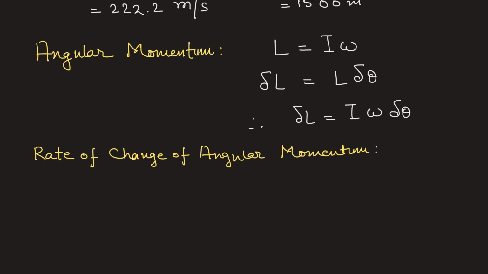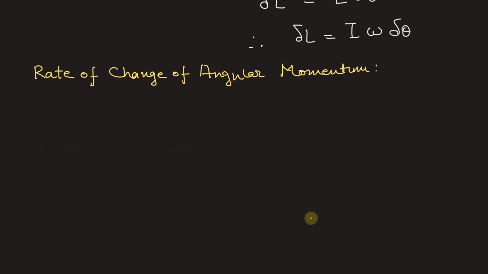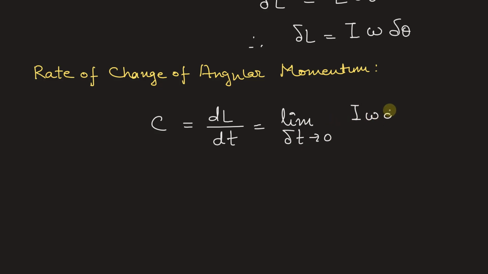The rate of change of angular momentum is nothing but the gyroscopic couple. So let's write for gyroscopic couple C is equal to dL upon dt, and that will be equal to the limit delta t tends to 0 of I omega delta theta by delta t. We have substituted this value from here.